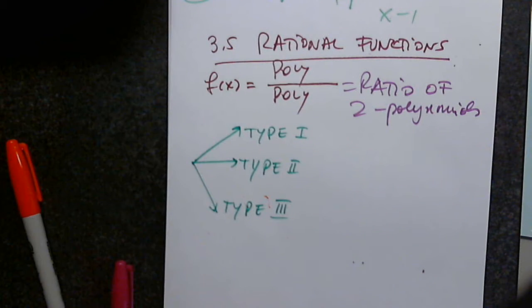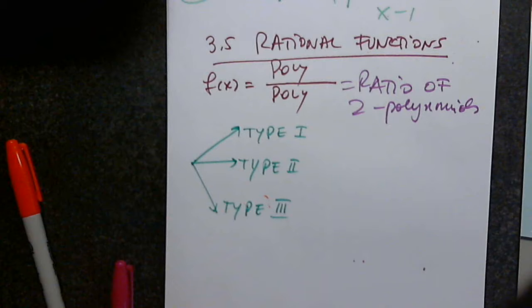The book gives them no name, but I have to differentiate them, because when I look at a function, I'm going to ask you what type it is. So you have to be able to identify it, instead of talking for 5 minutes about what type it is. I just want you to say type 1, type 2, type 3, and not have to say, oh, is that one that does this and does that and you divide this by that. Okay?